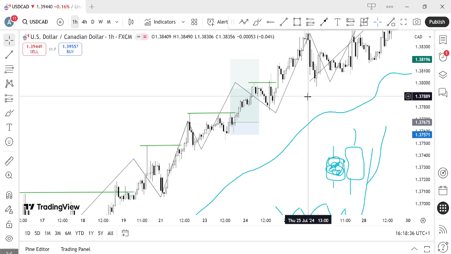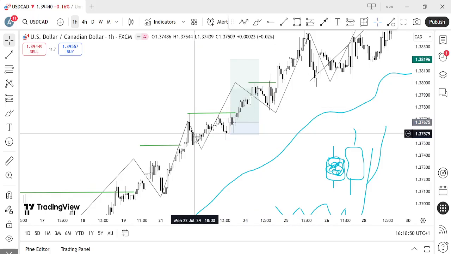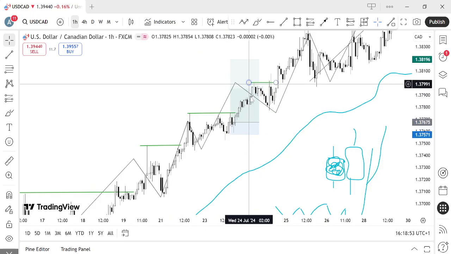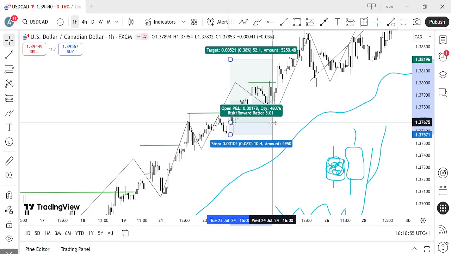Then if the other one continues and breaks the 1:5 TP, we have 1.25. So 1.25 plus 0.75, that's 2%. So we do 1:5, and after every 1:5 win, we get plus 2% on the account. For this instance right here, it's a perfect entry.